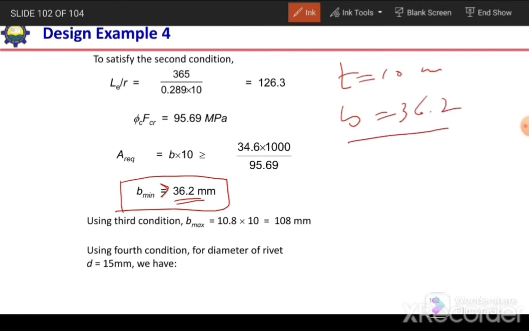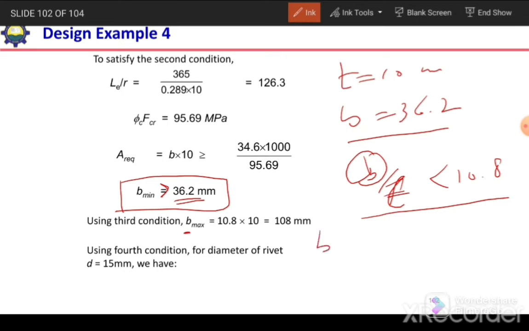Now for proceeding, either we can just check B over T and it should be less than 10.8, or we can again find out the value of B corresponding to this criteria. B over T should be less than 10.8, so B should be less than 10.8 times 10.